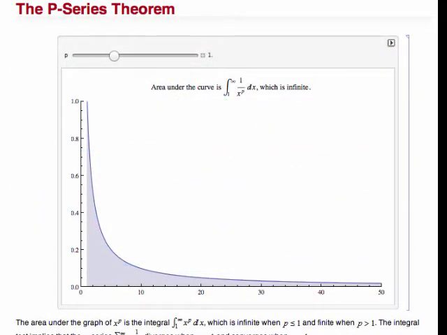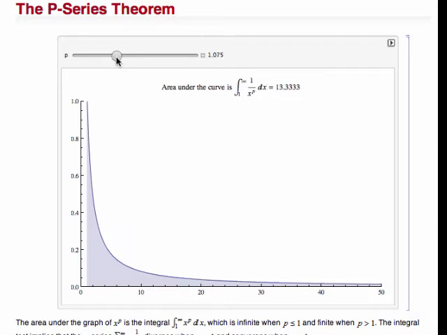Here's just one more perspective on p-series. This is an animation from the Wolfram Demonstrations Project website. I have my improper integral of 1 to infinity of 1 over x to the p, where p is 1, shown here, and you can see that the area is infinite, which of course it should be since p is 1. If p is more than 1, you'll notice that suddenly the integral becomes defined, calculable.